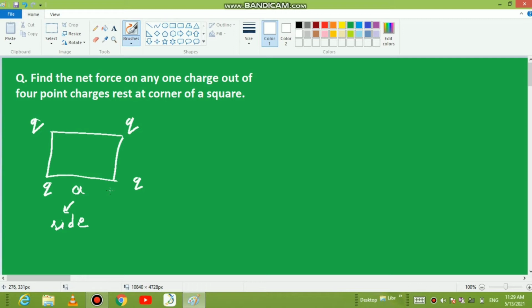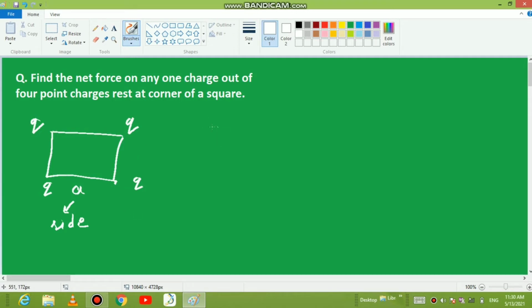Now our target is to find the net force on any one charge. Now we target this point charge, and we have to find the net force on this charge due to these 3 point charges.